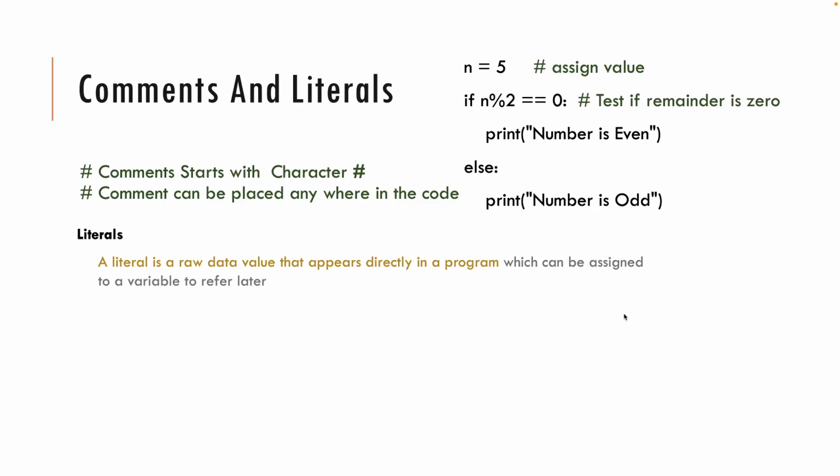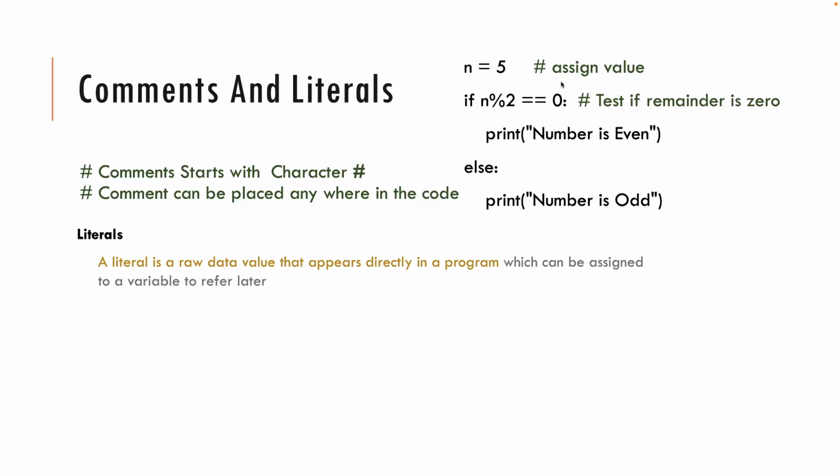Moving forward, what are comments? Suppose you're writing a program, any program, and sometimes you want the Python interpreter to ignore some lines, where you don't want it to treat those lines as valid Python statements, such that it will ignore them and execute the rest. So why do we use comments? We use comments for ourselves and for others who read the program.